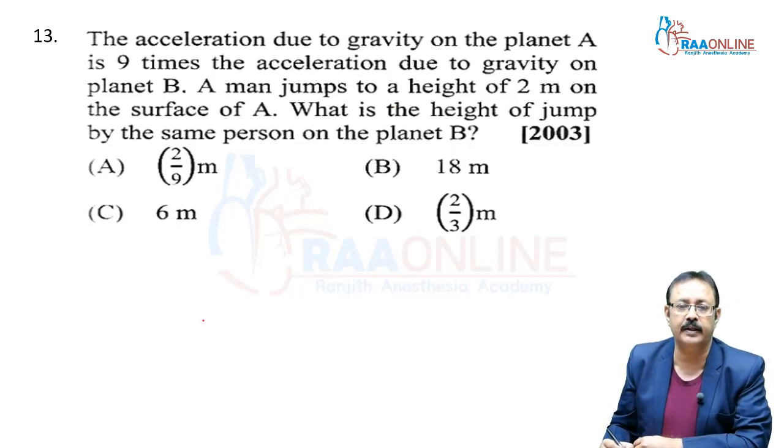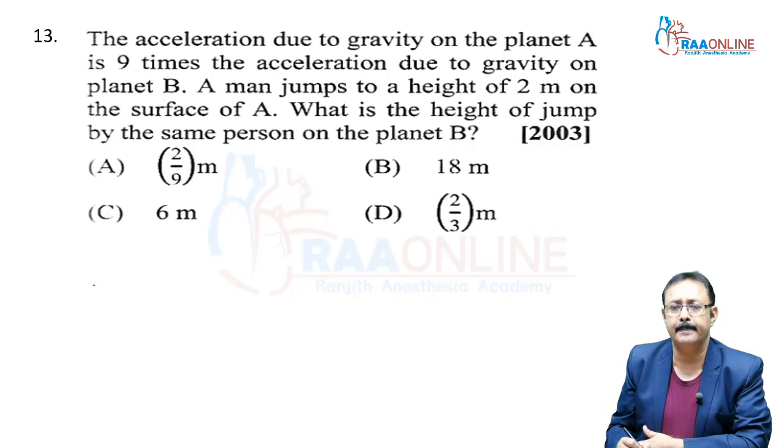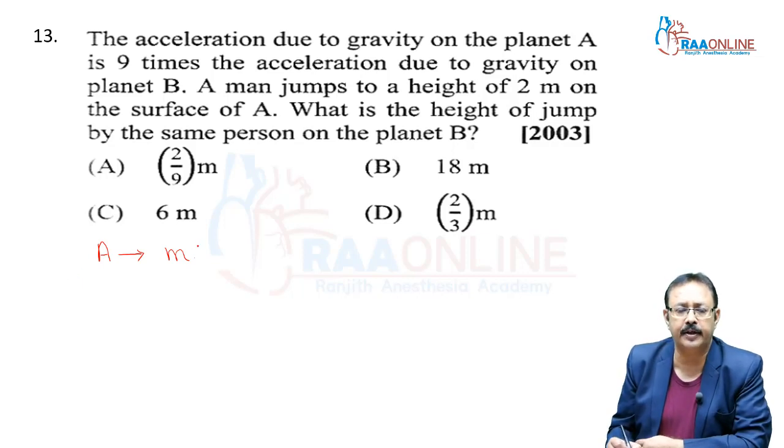So first we will discuss planet A. Suppose your mass is m and the acceleration due to gravity is g_A on planet A, and you jumped up to a height of 2 meters.